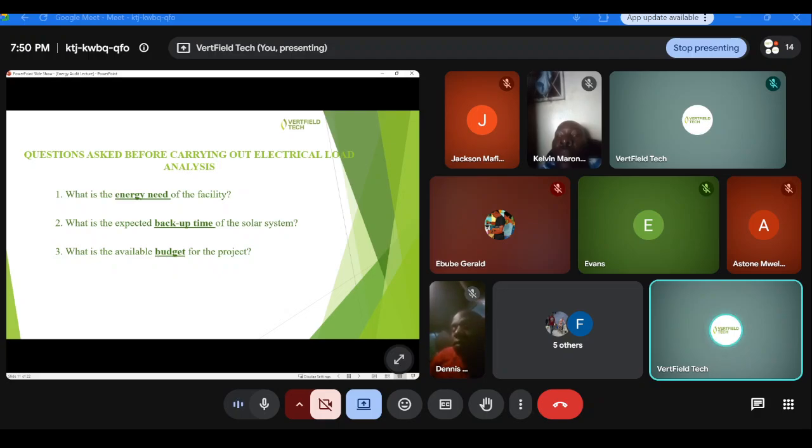But then the sun does not stay up all day. So when the sun is not up and the client needs to use electricity in his facility, what then happens? Engineers came together to say, okay, we can actually provide a solution, because engineers are solution providers.